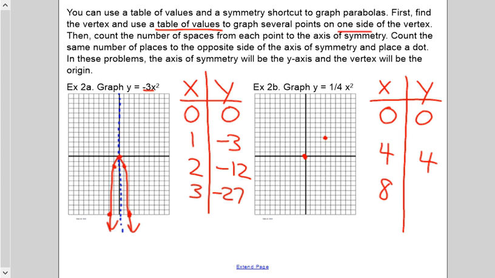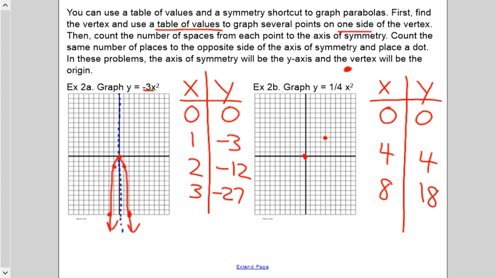Now, if I plug in 8, 8 squared is 64. 1/4 of 64 is 16. My graph only goes up to 12. So the point 8, 16 would be way up there. That doesn't help me. Not really.